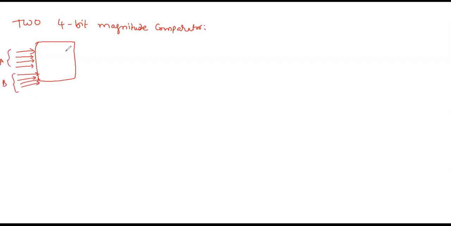The inputs are A3, A2, A1, A0, B3, B2, B1, B0, and there are 3 outputs: less than, greater than, equal. A truth table is one way, but it takes a lot of time. 2 to the power of 8, 256 combinations are there.